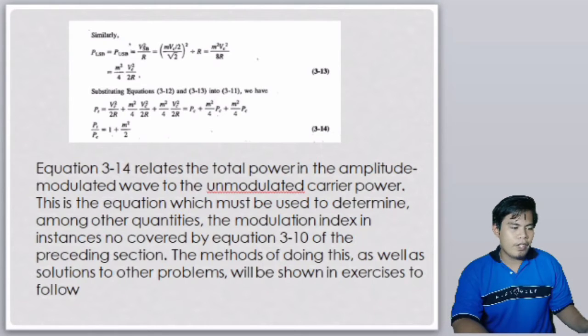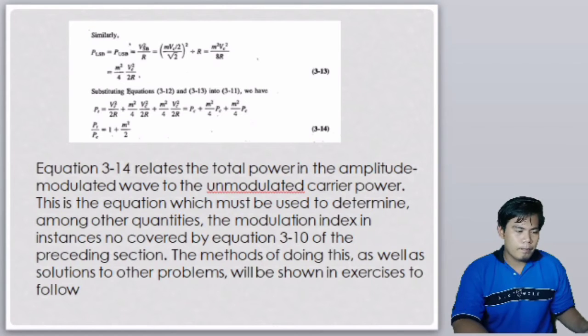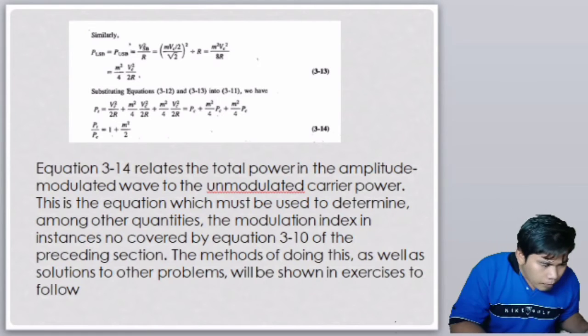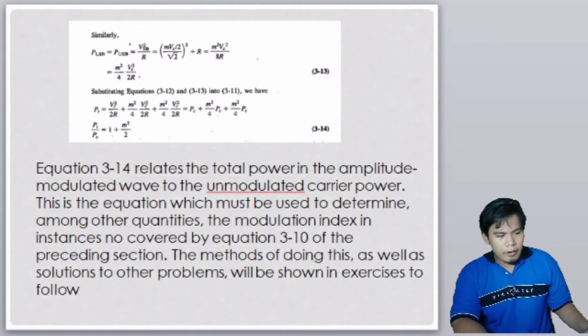Substituting equations 3-12 and 3-13 into 3-11, we have total power is equal to the voltage carrier squared over 2R, plus M squared over 4 times the voltage carrier squared over 2R, plus M squared over 4 times the voltage carrier squared over 2R, which is equal to the power carrier plus M squared over 4 power carrier plus M squared over 4 power carrier.